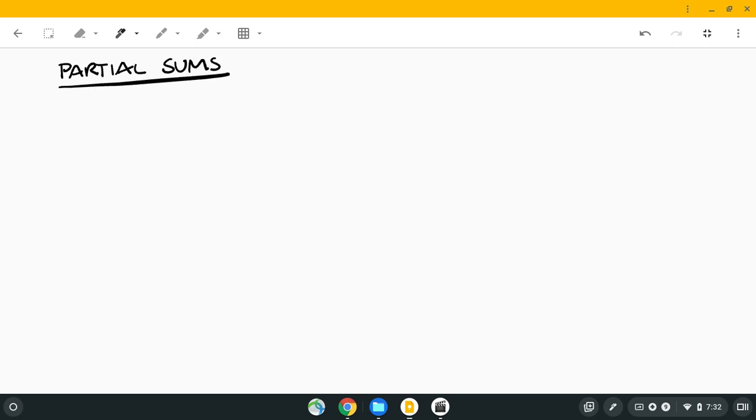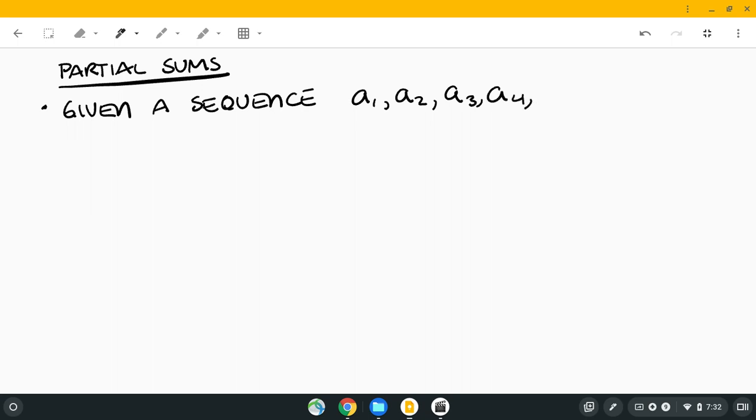Okay, so given a sequence, so if you're given a sequence, so we have a list of numbers, like A1, A2, A3, A4, right?